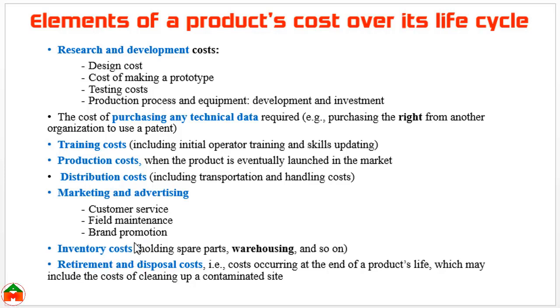After producing the product, you may need to store the products in a warehouse. And at the last stage, we can see retirement and disposal cost. Whenever the product reaches the decline stage, you need to retire, to dispose the product from the market. So these are the costs. Cost starts with the research and development cost, and it ends with the retirement and disposal cost.